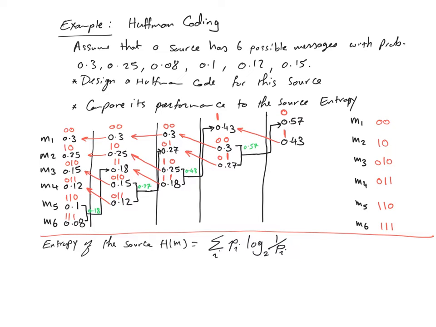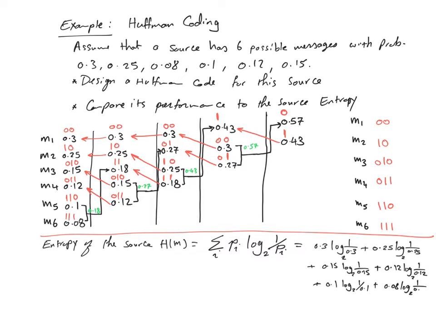So basically this is equal to: first message has a probability of 0.3, so it's 0.3 times log 1 over 0.3, plus the second message has a probability of 0.25, so 0.25 log to the base 2, 1 over 0.25, plus 0.15 log to the base 2, 1 over 0.15, plus 0.12 log to the base 2, 1 over 0.12, plus 0.1 log to the base 2, 1 over 0.1, plus 0.08 log to the base 2, 1 over 0.08.